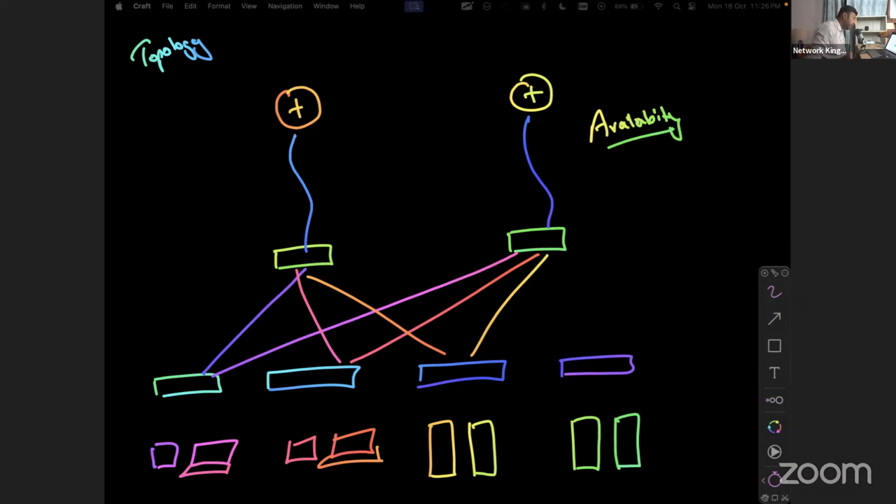Okay, तो एक अच्छे नेटवर्क के लिए क्या अच्छा होना चाहिए? Availability should be good, which is also called redundancy. Technical word: redundancy. Okay, so availability or redundancy means multiple links, multiple devices.